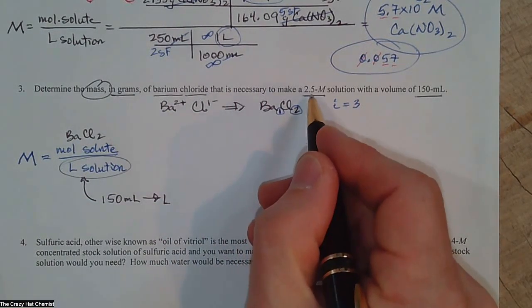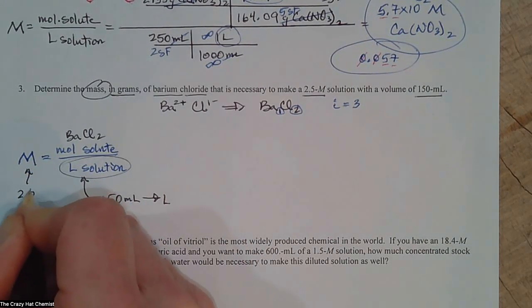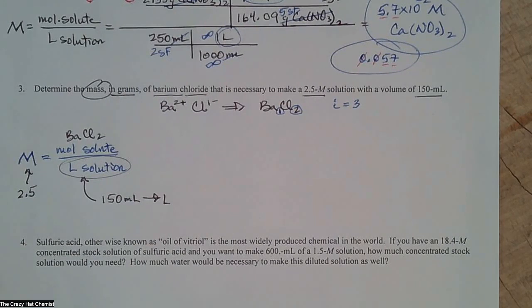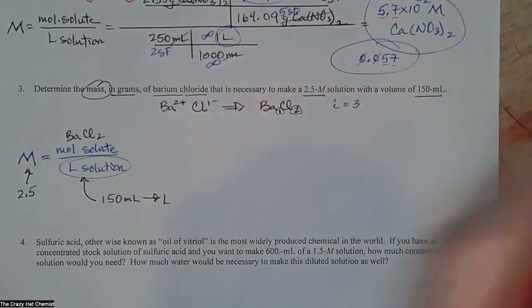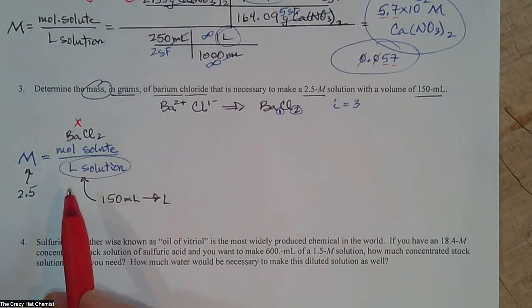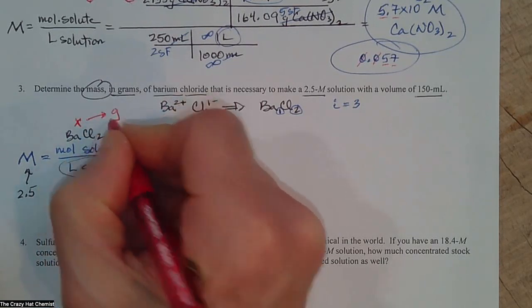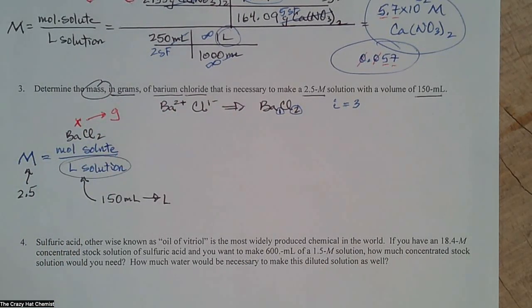And then I'm given that it's a 2.5 molar solution, so this value right here is 2.5 molar. Okay. So what I'm really doing is solving for X, and X is the moles of the solute. But once I solve for X, then I need to convert that to grams, and that will be using the molar mass. Okay, so I'm hoping that I'm setting this up for you.